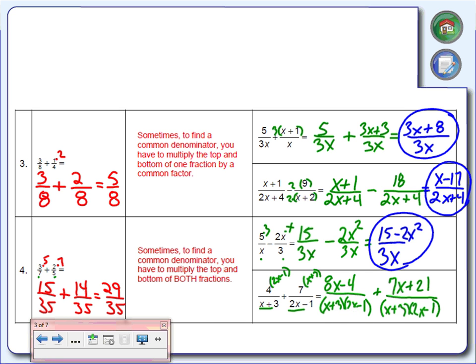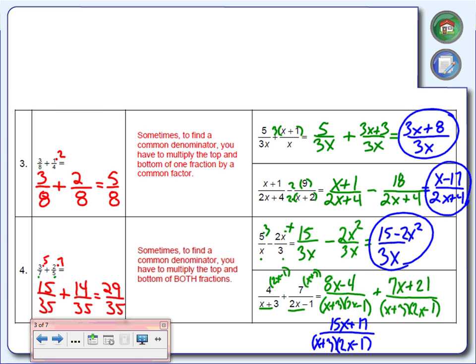It is addition. So it's 8x plus 7x. What was that again? 15x. That is correct. 15x. Negative 4 plus 21. What did we say that was? Negative 4 plus 21 was positive 17. And our denominator, of course, is still the x plus 3 times the 2x minus 1.